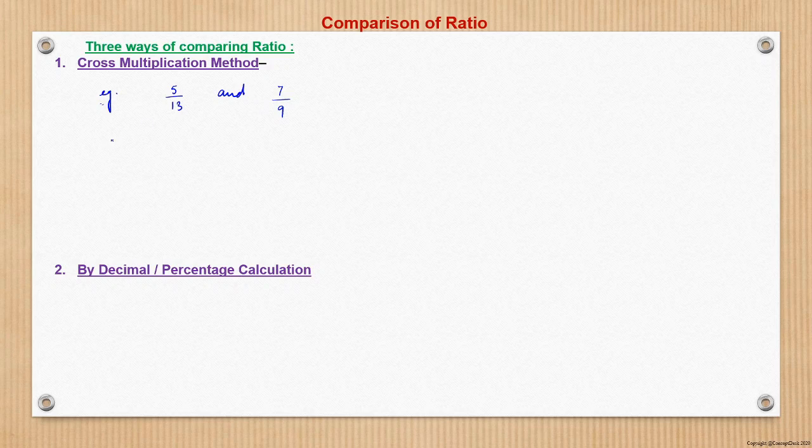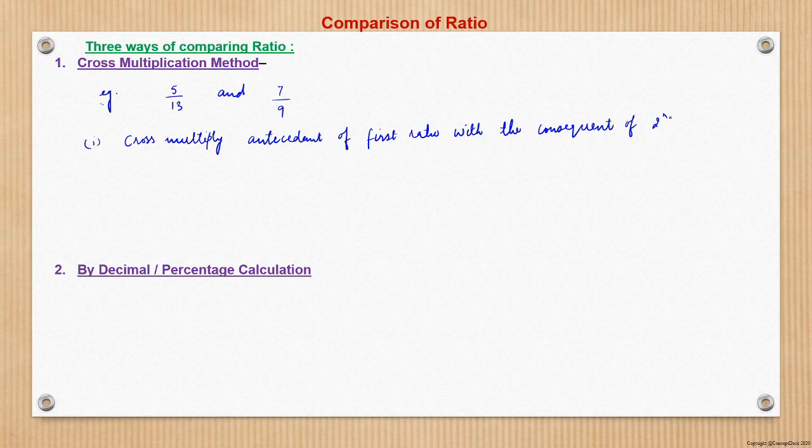So what we will do is cross multiply the antecedent of the first ratio with the consequent of the second ratio.